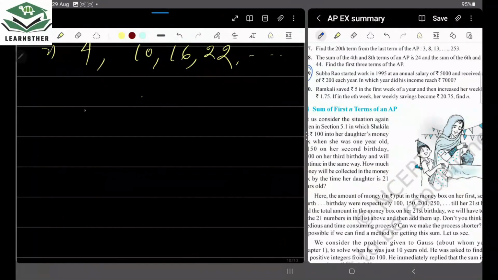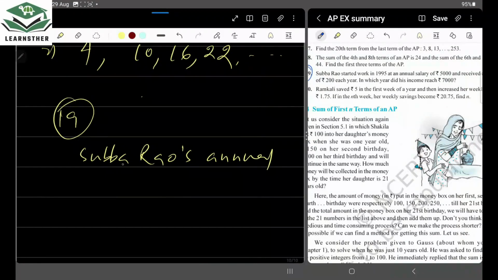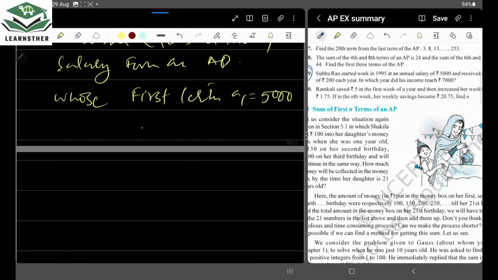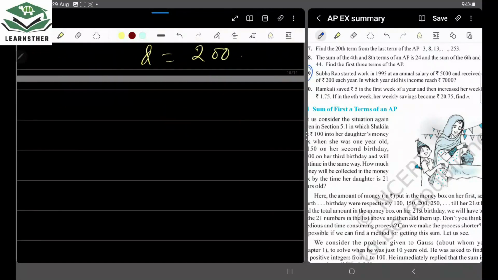Okay, so Subbarao's annual salary forms an AP, whose first term a1 is 5,000 and common difference is 200.